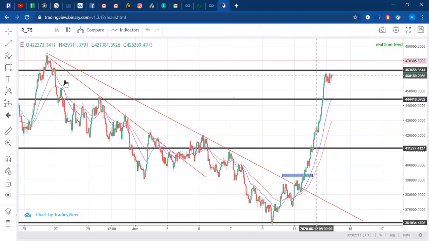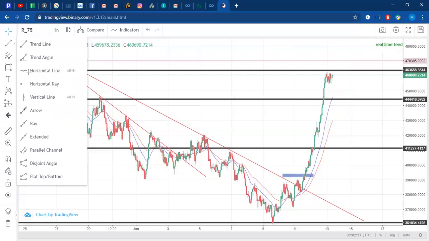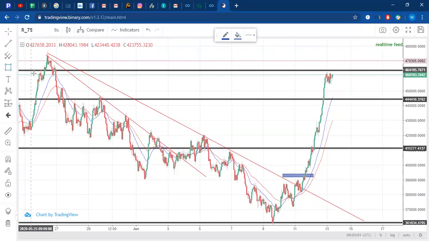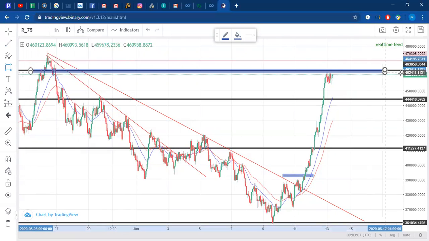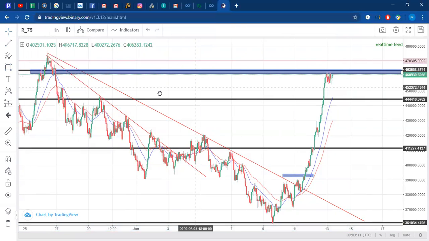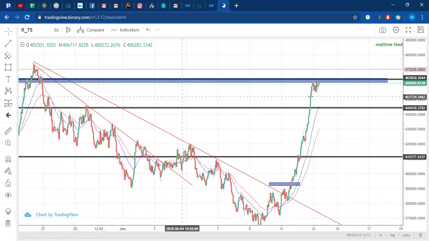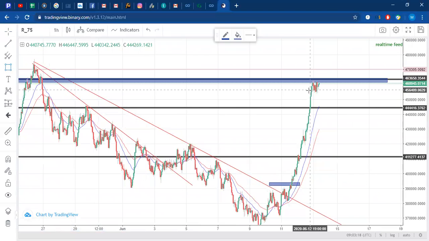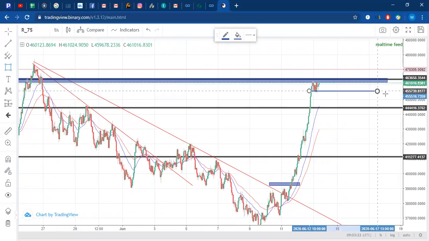So with that out of the way, I'm going to mark up this level around here. Guys, before my bias changes from a buy to a sell, I need to see something like this happening, this support level that has been created here.